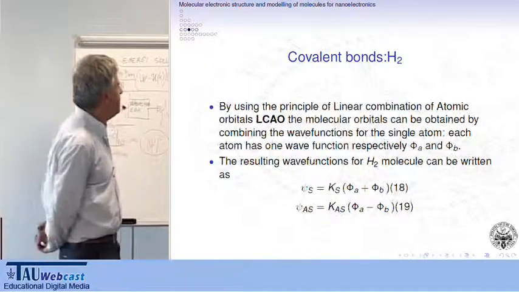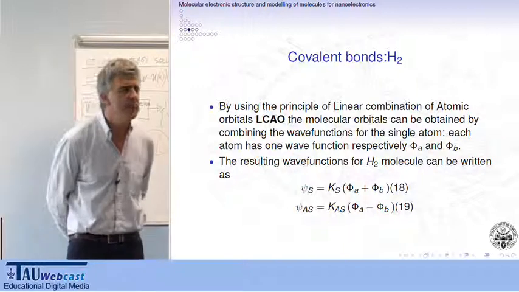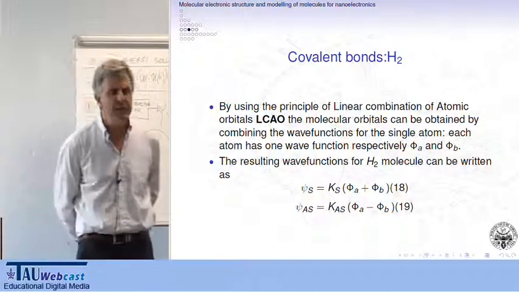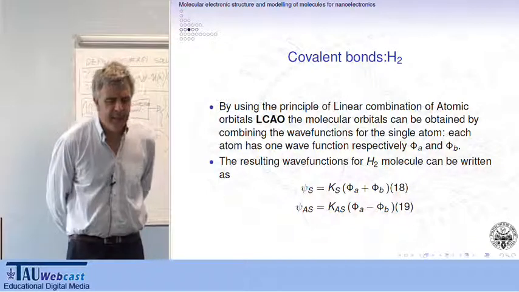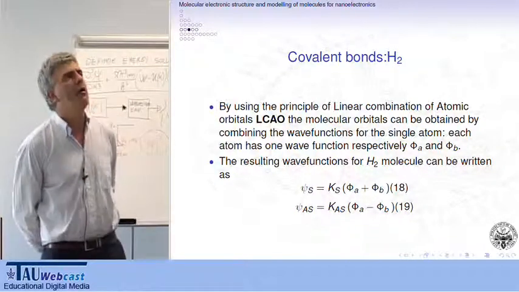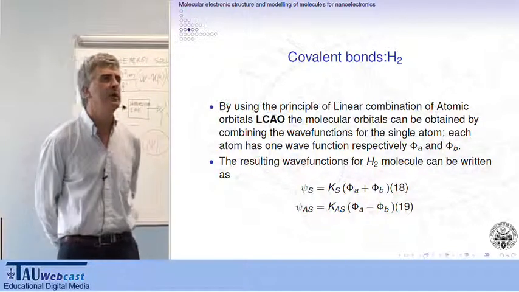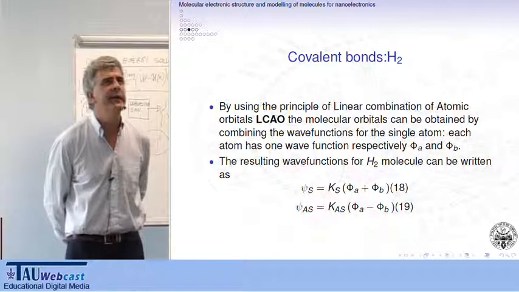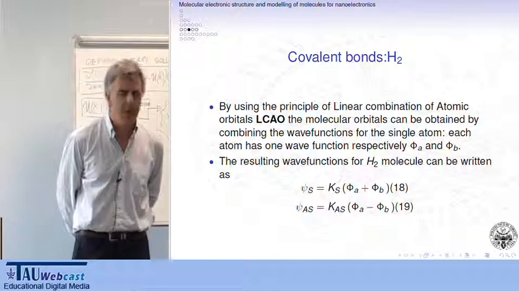So the idea is very simple, and this idea is used by all molecular simulators. The idea is to use the LCAO, in other words, the linear combination of atomic orbitals algorithm. In other words, we can produce molecular orbitals just by doing a linear combination of the atomic orbitals.